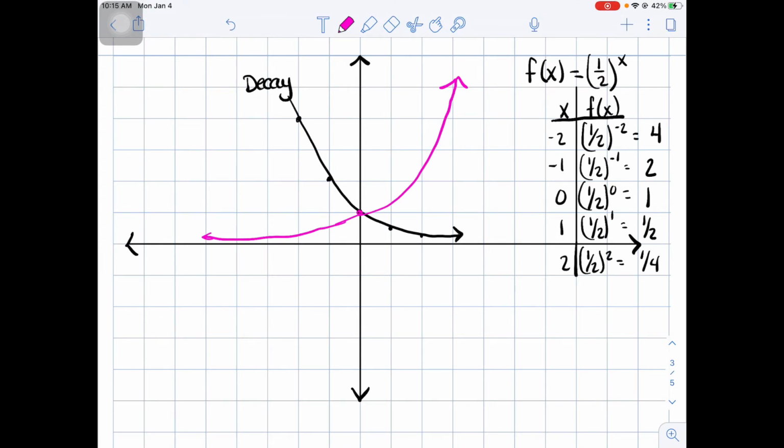The size of the base depends on how quickly it rises. So let's say this is 2 to the x. But if we have something that's, say, 8 to the x, it's going to rise much faster. So when we put in something that has a higher growth rate, we're going to see something that rises at a much faster rate.